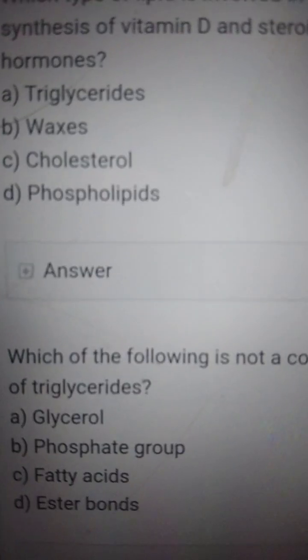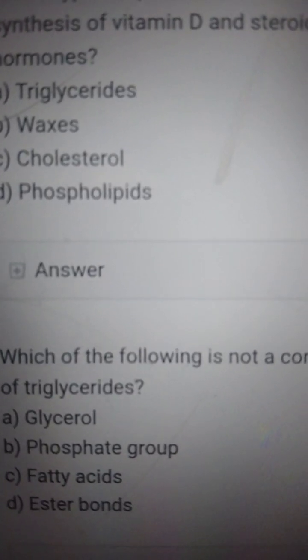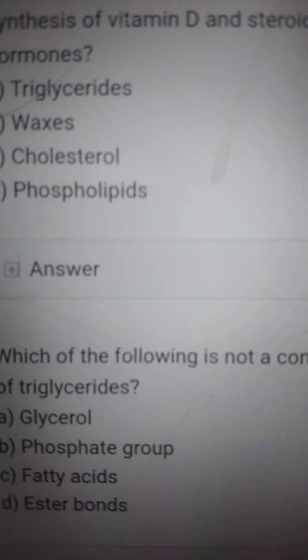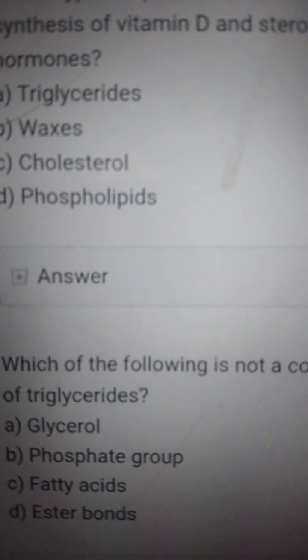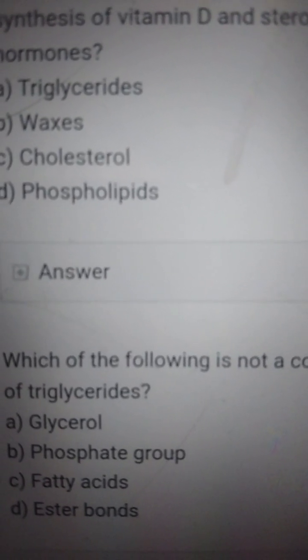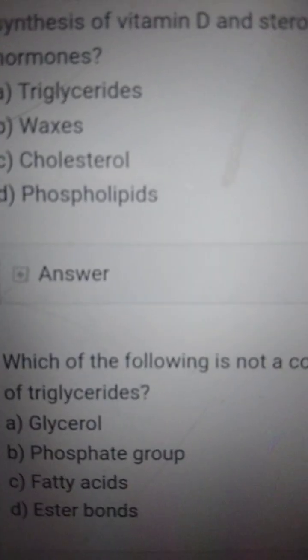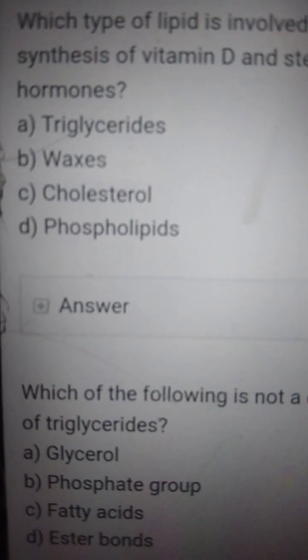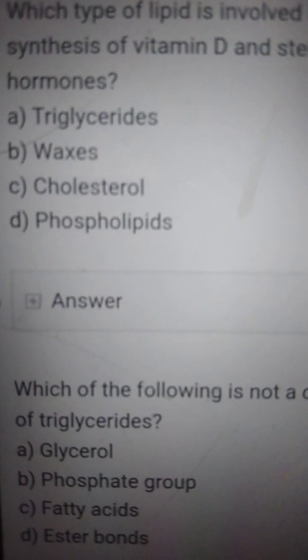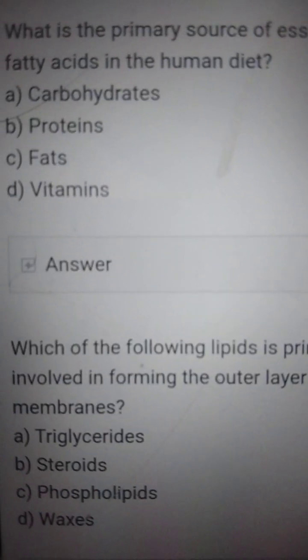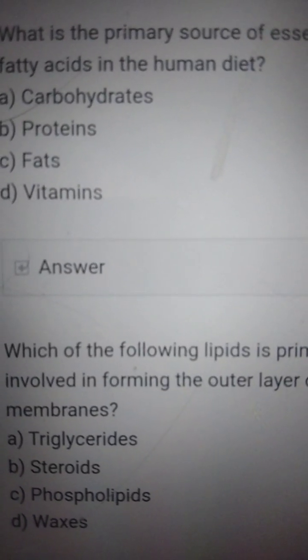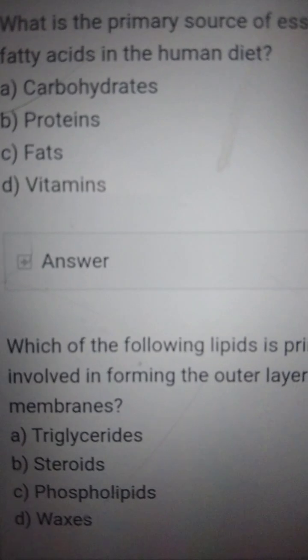Cholesterol. Which of the following is not a component of triglyceride? Glycerol, phosphate group, fatty acids, or ester bond? The correct answer is B, phosphate group. What is the primary source of essential fatty acids in human diet?